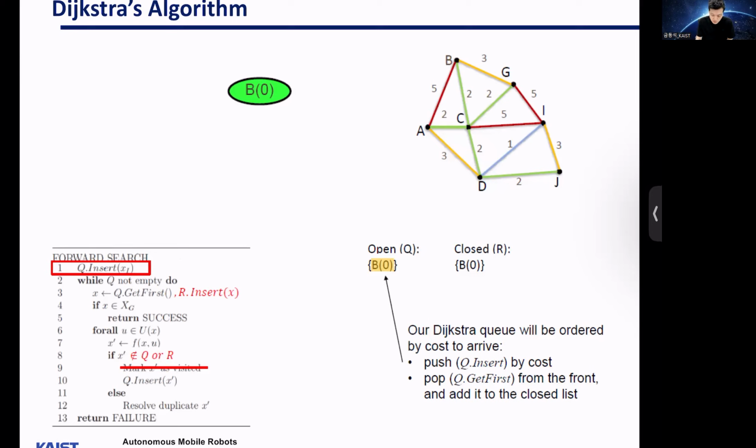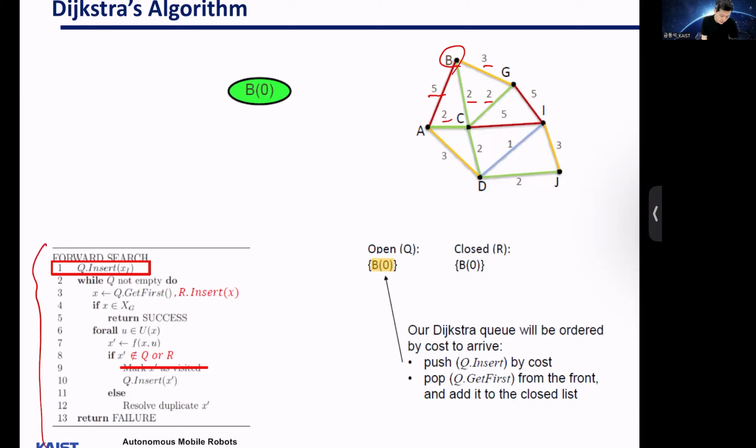So let's start with this example. The starting point is going to be B, and the edges, as you can see, have cost to go: 5, 3, 2.